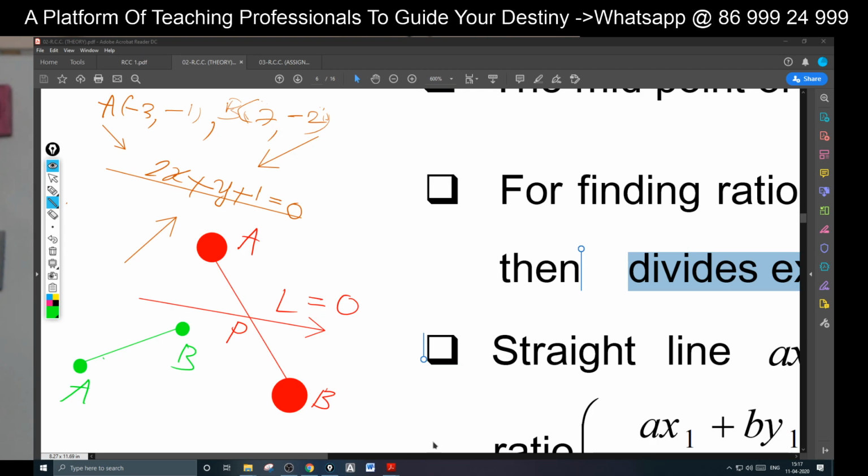Arun, are you there? AB is dividing L equal to 0 directly.